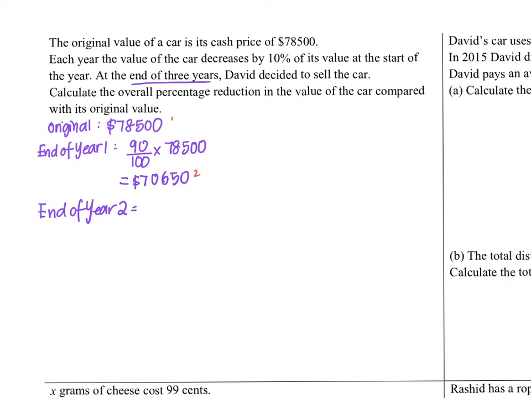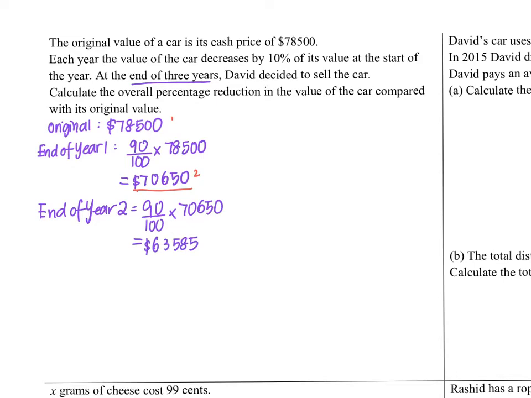Well, the beginning of year 2 is this number, right? So we're again left from 100%, I drop by 10%, I'm left with 90%. But this is 90% now of the new value, and I'll get a number for this value.